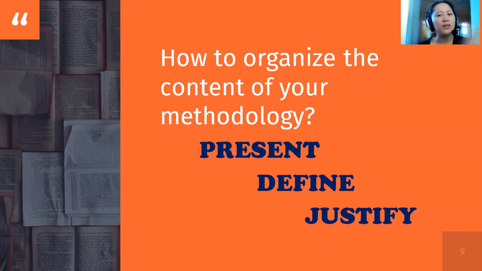For example, in your research design, you have to present what kind of research design this study will use: a quantitative, correlational design, like that. Then define why you are using that kind of design, then justify why you chose that design. In that sequence, you will be able to organize your methodology content by content.